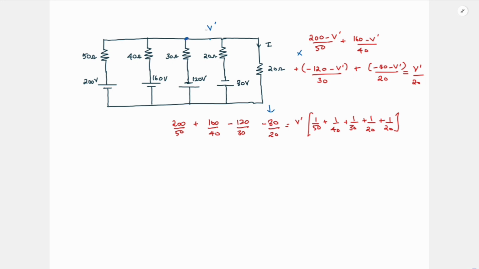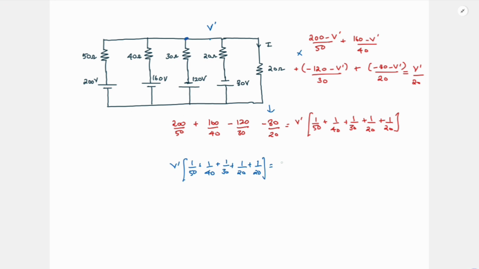If you're writing KCL on this node, you consider V dash and see how many resistors are connected to it. All those resistors you write as V dash's constant term: 1 by 50 plus 1 by 40 plus 1 by 30 plus 1 by 20 plus 1 by 20. On the other side, you see where all these resistors are connected to, and write that node.